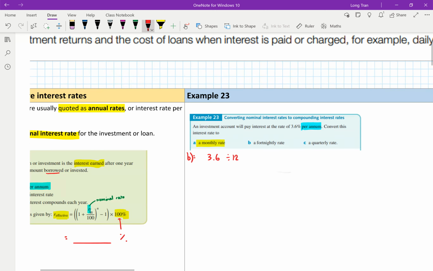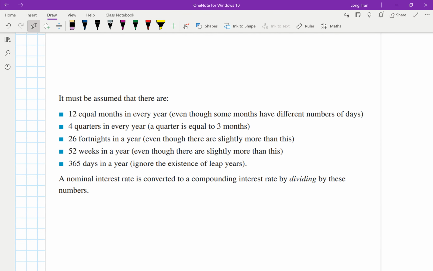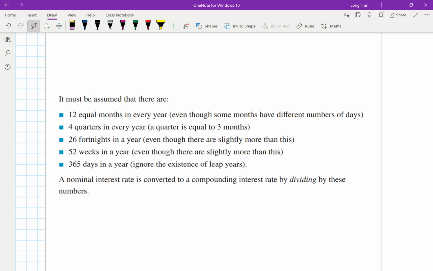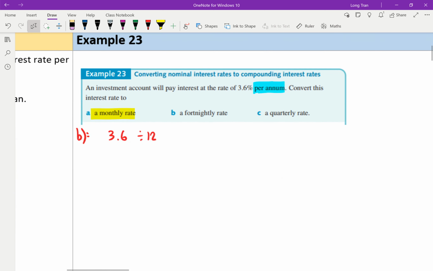I've already put a summary for you. For those who don't know their quarters and fortnights and weeks in a year, this is what you should know. There are 12 months in a year, 4 quarters in a year, 26 fortnights in a year, 52 weeks in a year, and 365 days in a year, ignoring leap years. Okay? That's common knowledge that you need to know. And that's all you're doing in example 23.